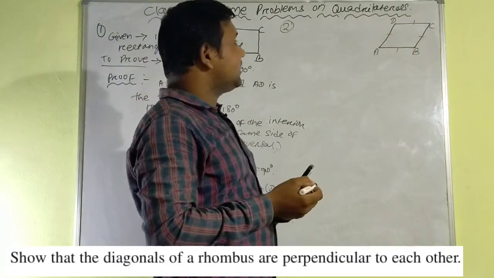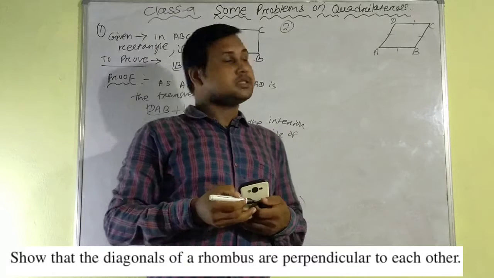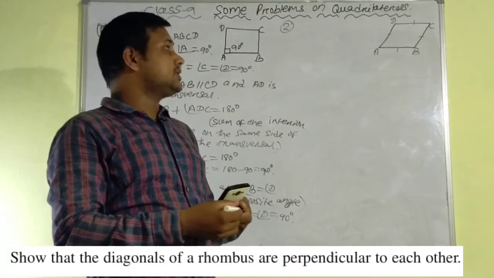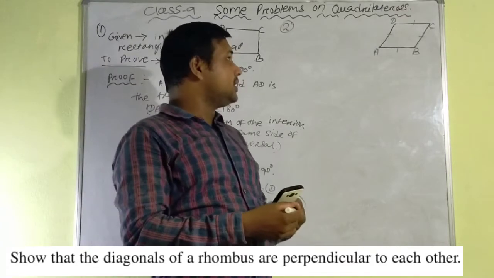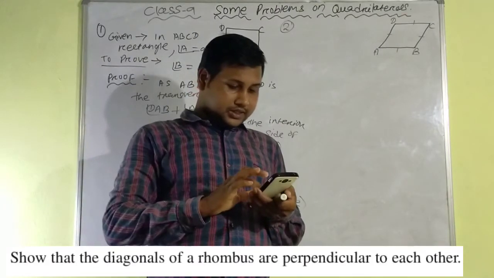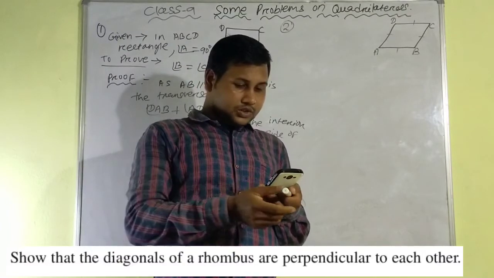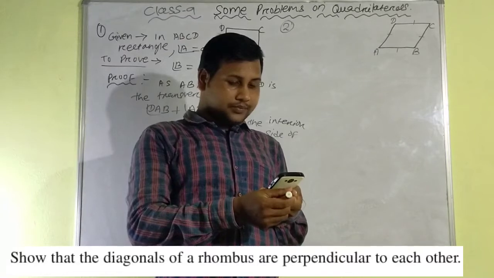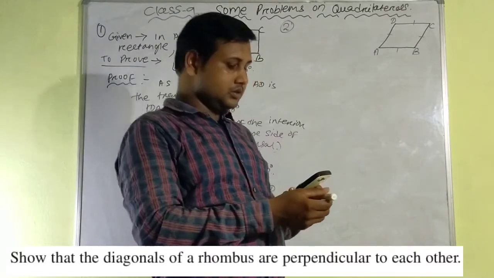So we will write in rhombus ABCD the sides AB, BC, CD and also DA are equal. Okay, and next it is given that the diagonals of a rhombus are perpendicular to each other.